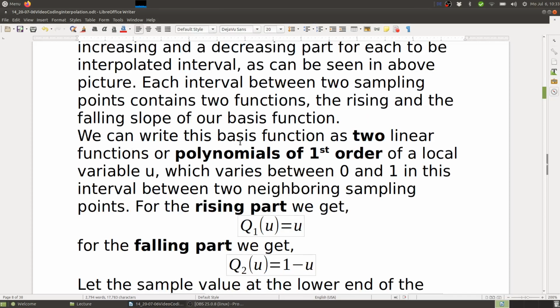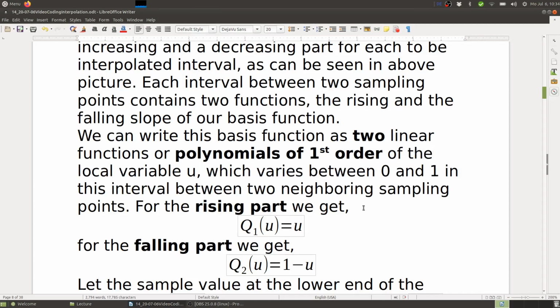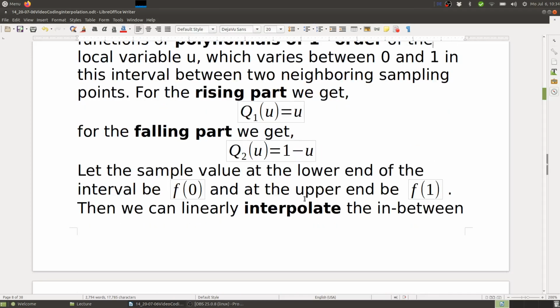We can now write this basis function as two linear functions, or polynomials of first order, of this local variable u, which varies between 0 and 1 in this interval between two neighboring sample points. For the rising part, we get q1 of u equals u, so this just goes up. For the falling part, we get q2 of u equals 1 minus u, so this goes down.